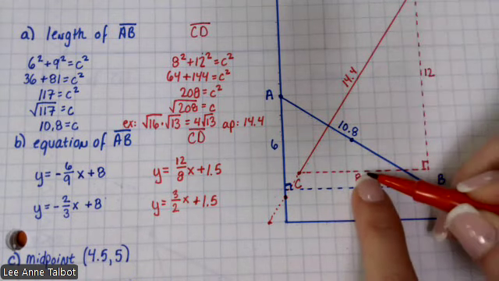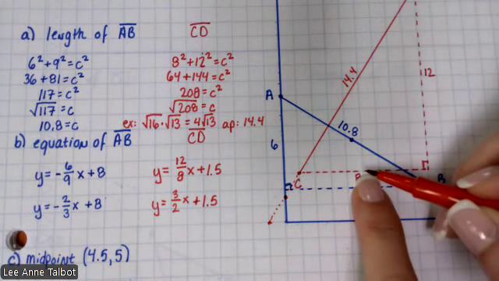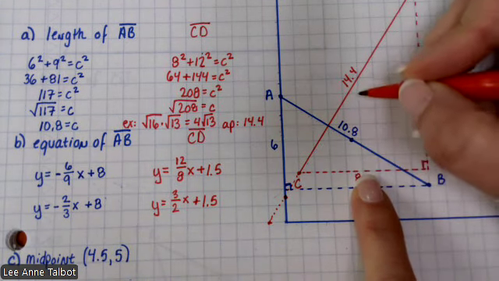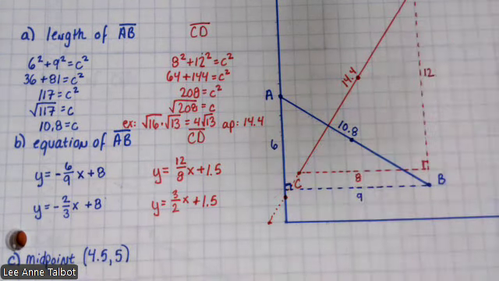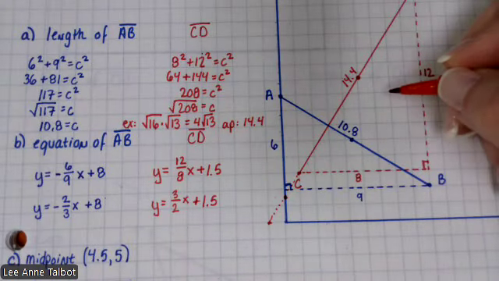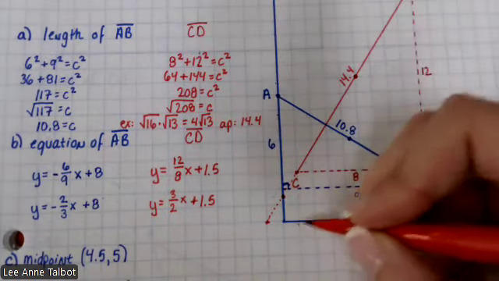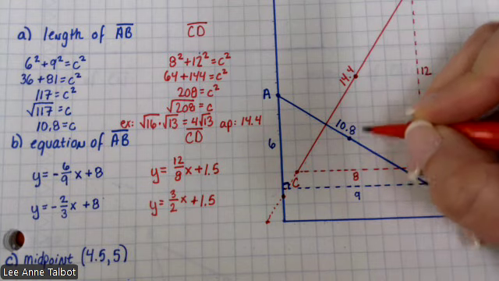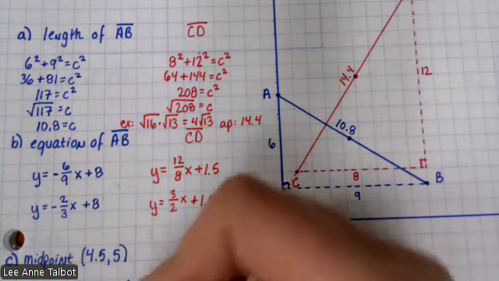And how many boxes would be halfway up? 6. 1, 2, 3, 4, 5, 6. So there's my midpoint right there. And what is that coordinate?